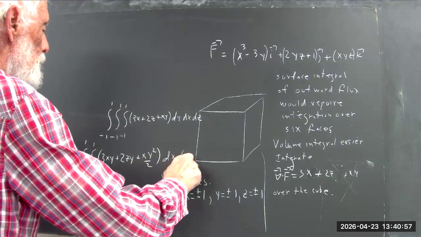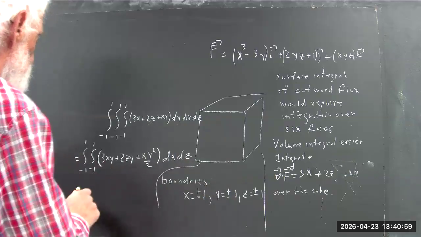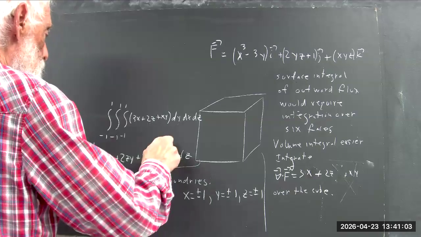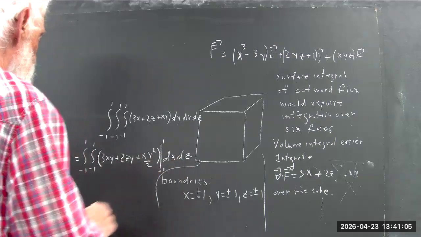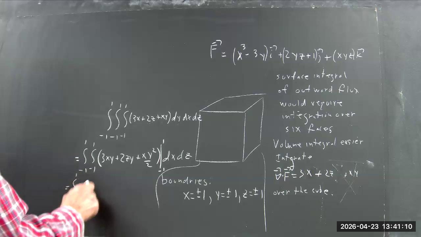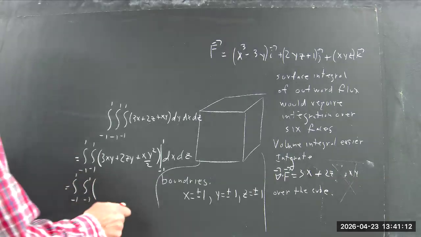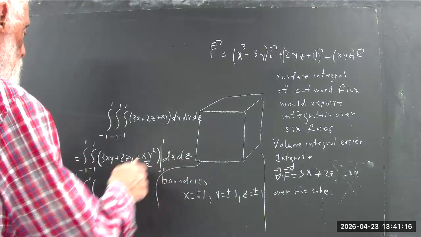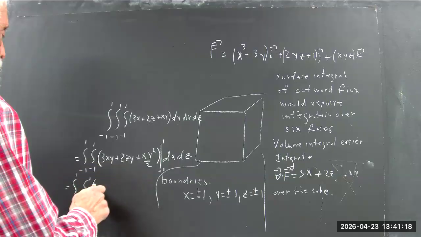And then it's dx, dz. This is evaluated between 1 and -1. So y goes from -1 to 1, and I'm going to get 3x.